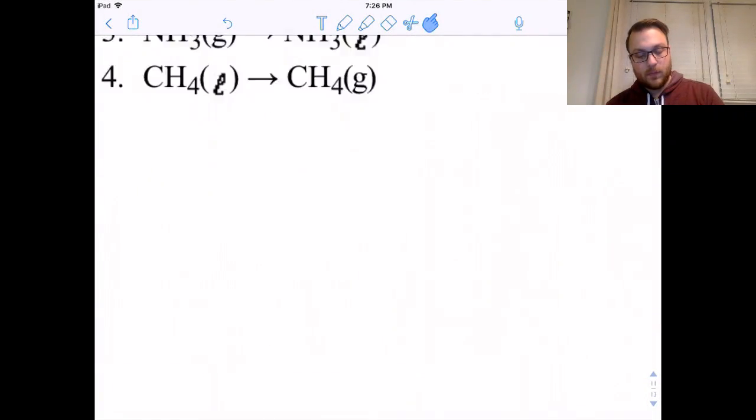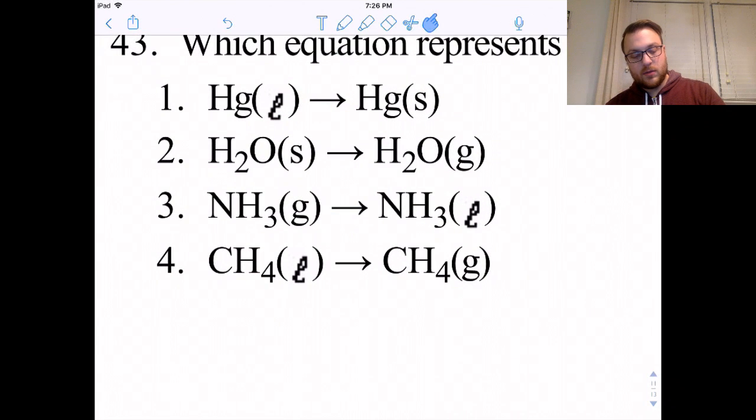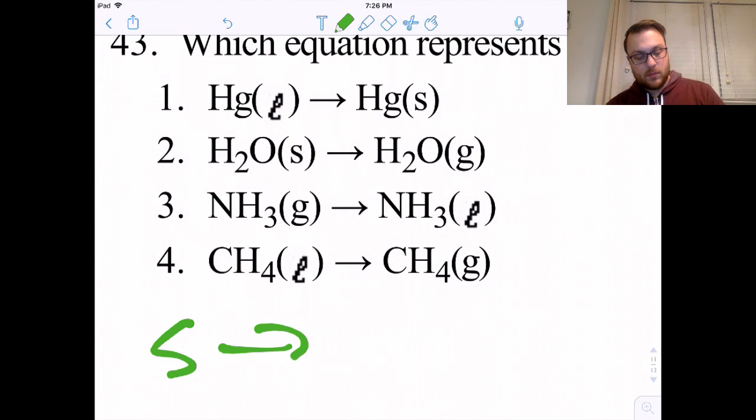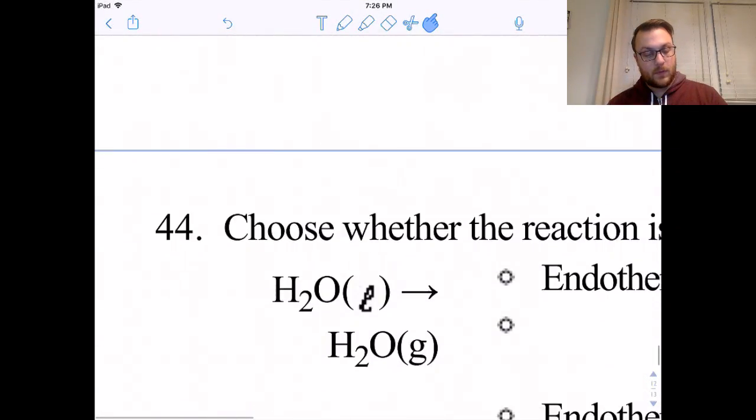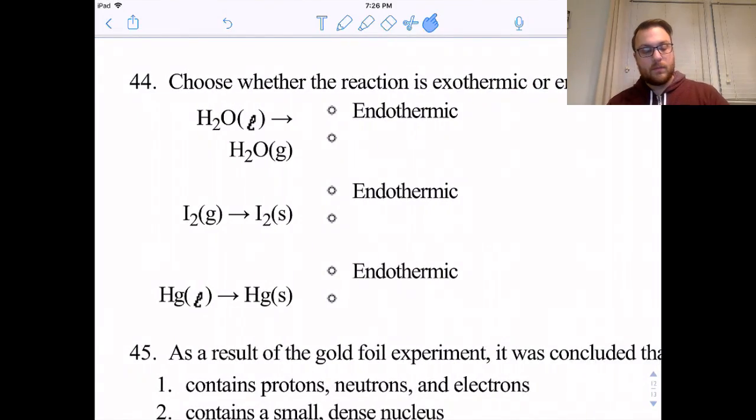Sublimation is solid to gas. So that's what we're looking for with sublimation. Endothermic is heat entering.